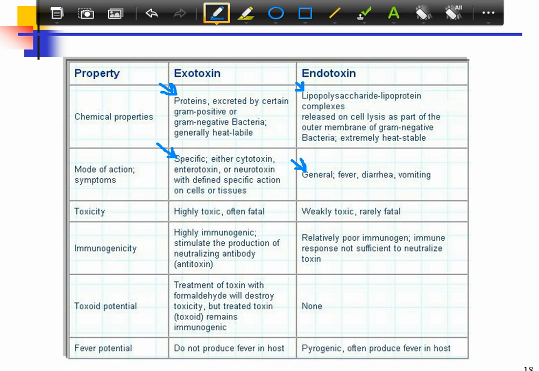Toxicity for the exotoxins, highly toxic. Endotoxins, not so much. Immunogenicity, highly immunogenic. And again, you can turn it into a toxoid vaccine. Endotoxins, not so. So there's kind of a comparison of them.